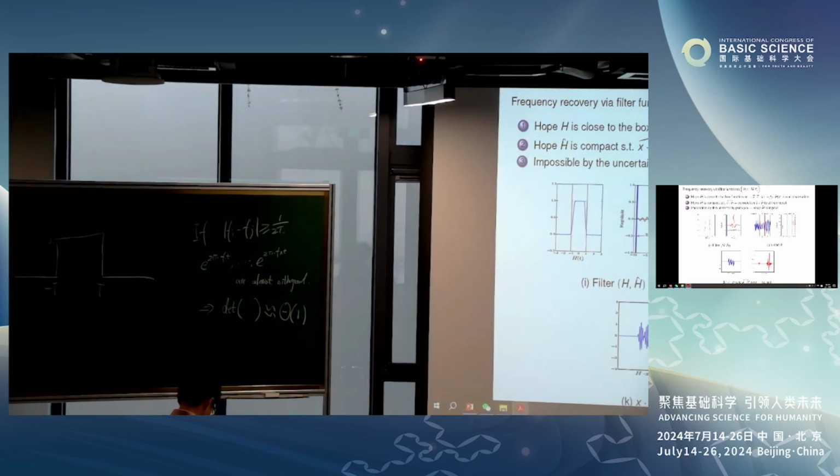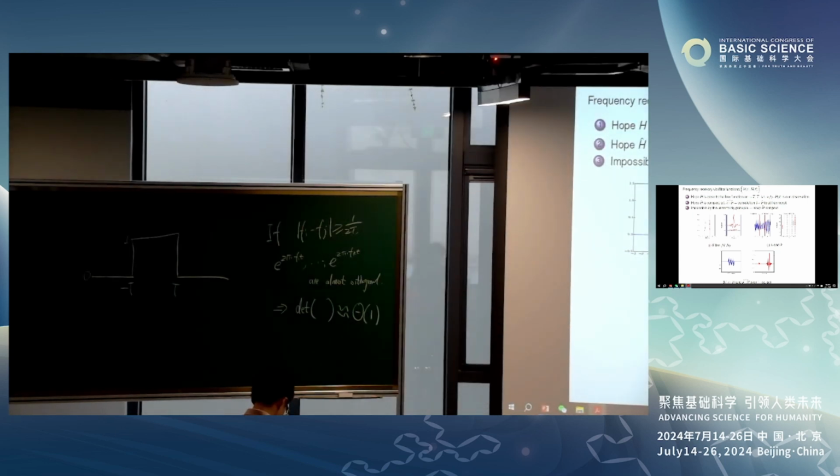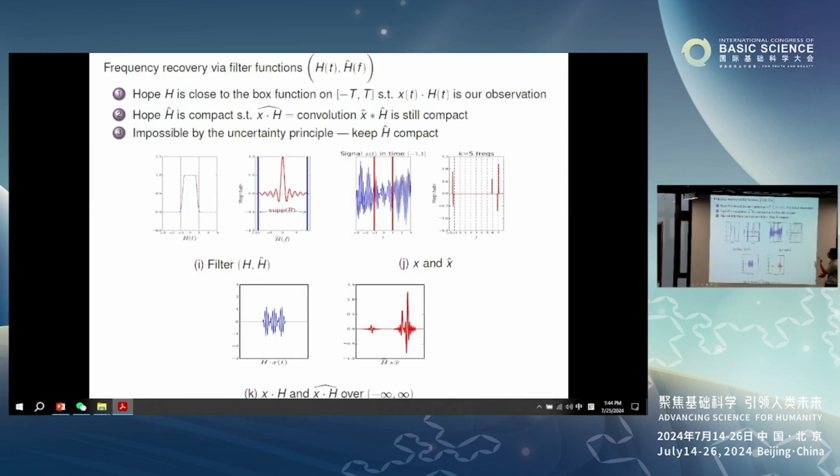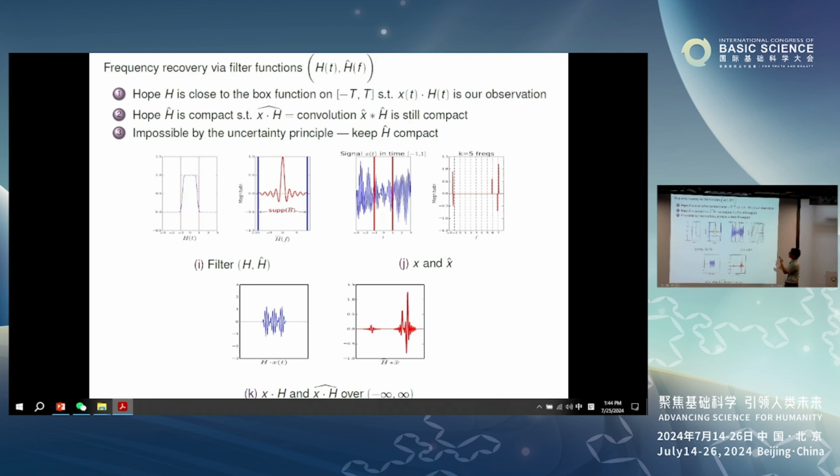I can only observe my signal x(t) in the time window. So this is equivalent to having x(t) times the box function, because the box function will erase everything outside of the time window, but keep everything in the time window.